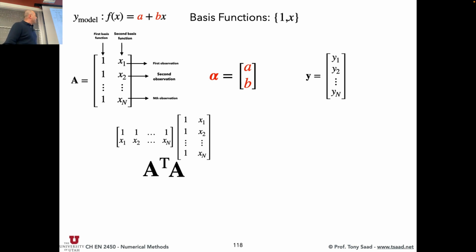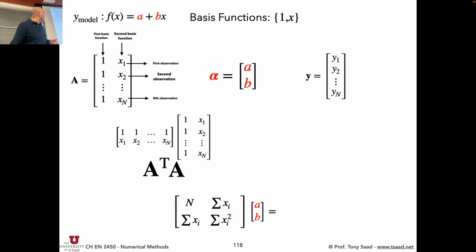Now you build the left-hand side, which is A transpose times A. This is A transpose. Now, when you multiply this, this is 2 by n times n by 2. So it's going to give you a 2 by 2 matrix. So we're on the right track. Now, when you do this, this is exactly what you get, right? Because this is 1 times 1 plus 1 times 1, n times, that's n.